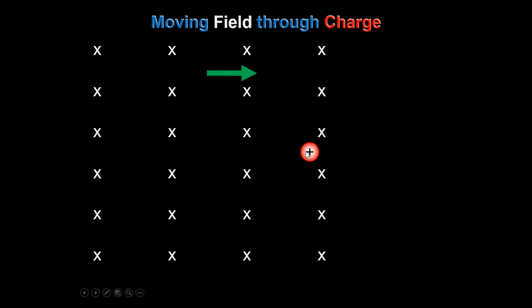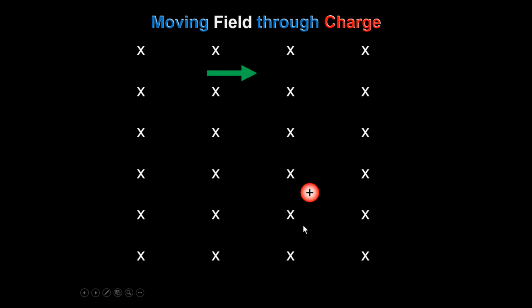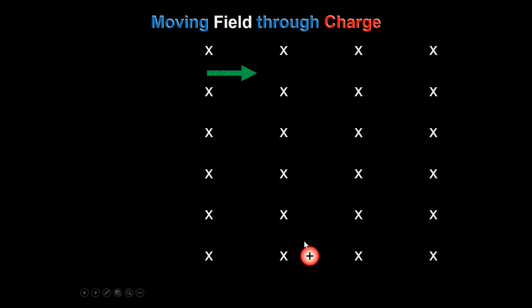Well, if this is stationary and the magnetic field is moving to the right past the charge, it's the exact same thing as if the charge was moving to the left through the magnetic field. So if that magnetic field moves to the right, it's going to push that charge down. And that's using your right hand rule, where your fingers are straight, to predict that. Okay, it's going to move that charge down like that.